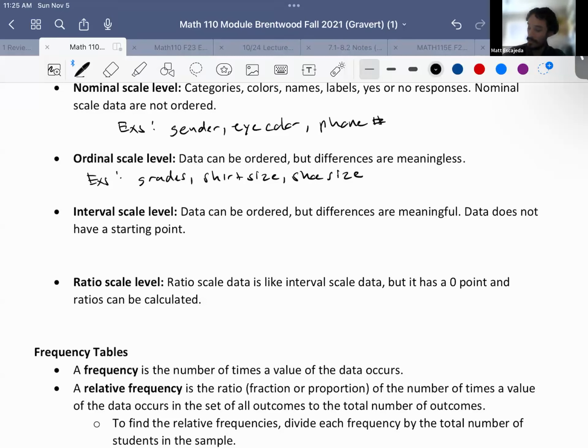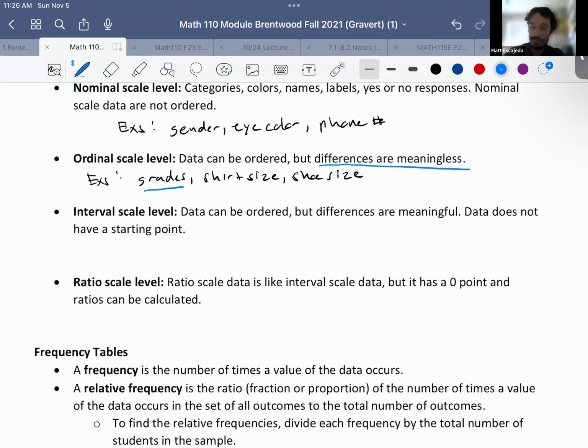Say you have grades, and you could have a 96%, and then your friend could have a 99%. But when you look at the grade book, they're both just A's. It's better than a C or D or a B, but within that certain order, you can't find the difference. That's what it means by differences are meaningless. You both have an A in this ranking or order, but there's no real difference. You both have the same grade. That's what an ordinal scale level is in terms of grades.